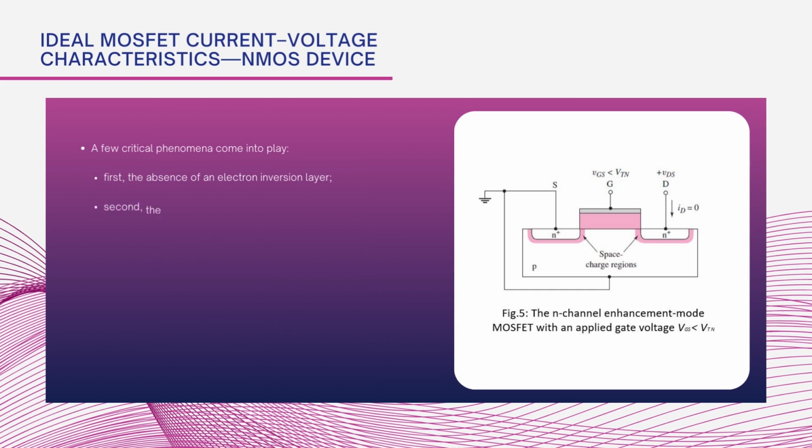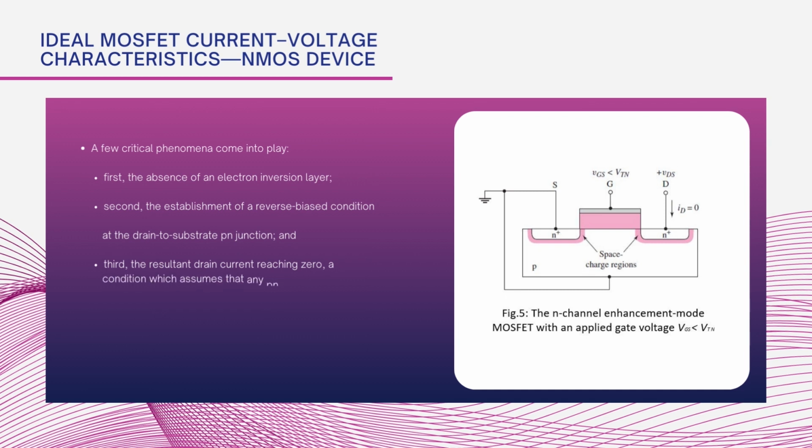First, the absence of an electron inversion layer. Second, the establishment of a reverse bias condition at the drain to substrate PN junction. Third, the resultant drain current reaching 0, a condition which assumes that any PN junction leakage current can be neglected for the purpose of this analysis.